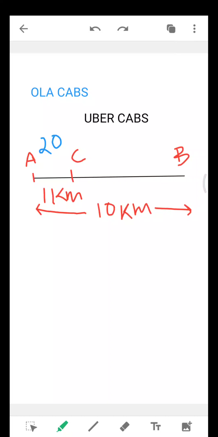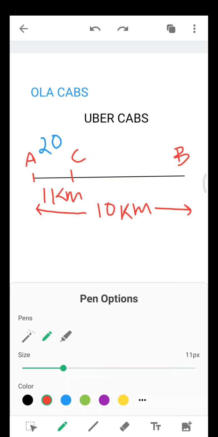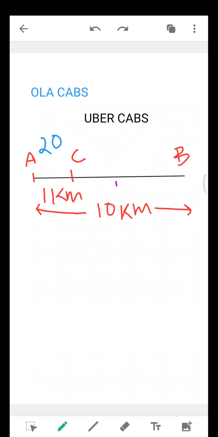Then after that, how many kilometers are remaining now? 1 kilometer you already traveled by paying 20 rupees. So remaining are 10 minus 1, isn't it? We'll subtract from the whole distance, 10 minus 1.